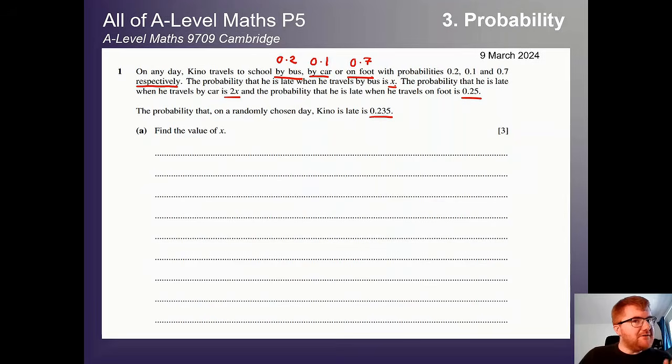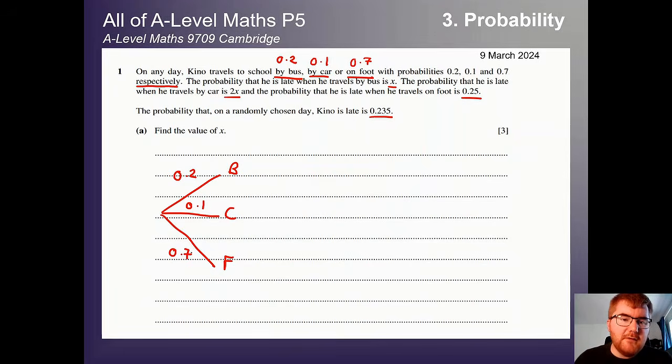Now tree diagrams are the way to go with these kinds of problems. Notice we have 2 events here, the way of travelling to school and whether late or not. So we'll start with the way they travel to school. So we have either bus, car, or by foot, and we have those probabilities 0.2, 0.1, and 0.7.